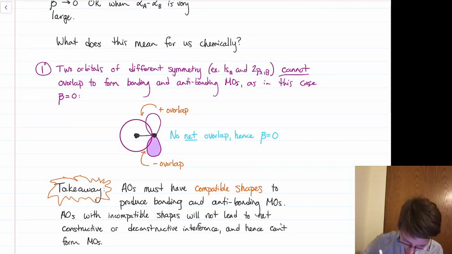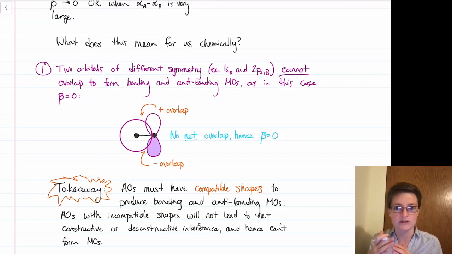Because the symmetry of this problem is such that the amount of constructive interference is exactly canceled out by the amount of destructive interference, there's no net overlap. Trying to combine together an s orbital and a px orbital leads to beta equals 0, and hence these two atomic orbitals cannot combine to form a molecular orbital.